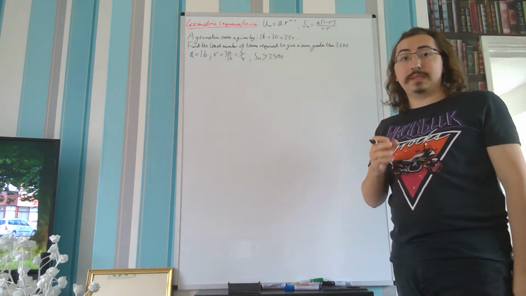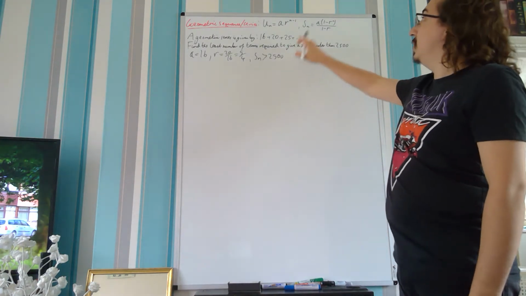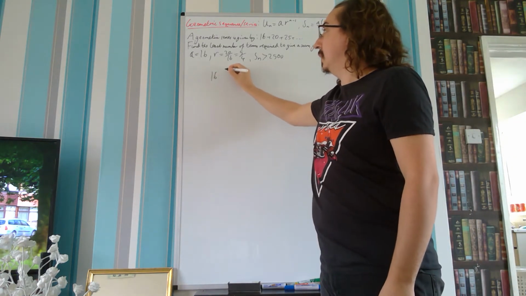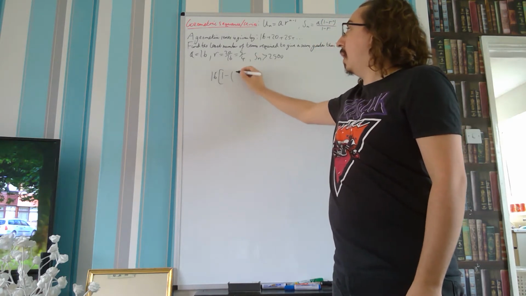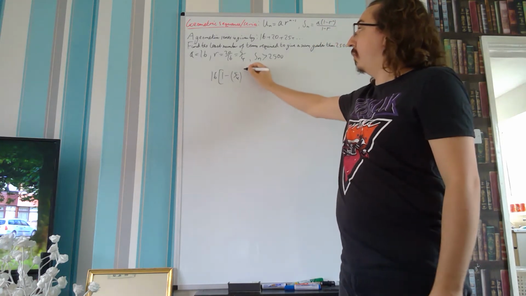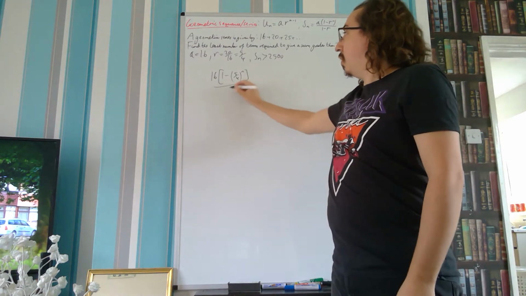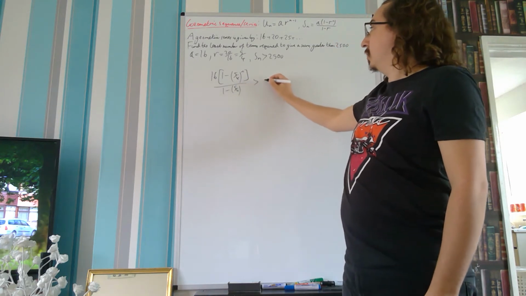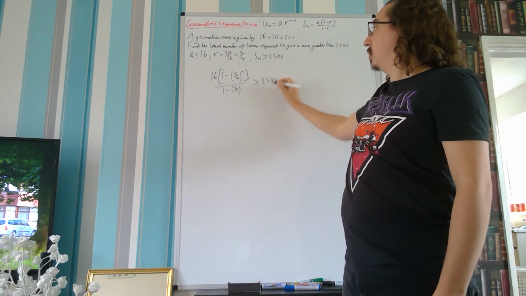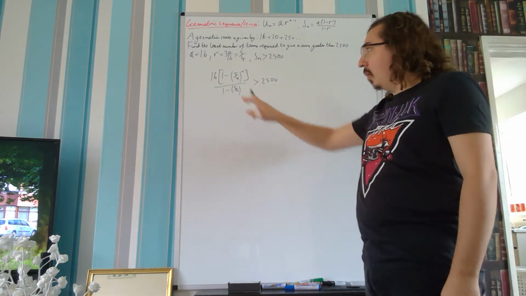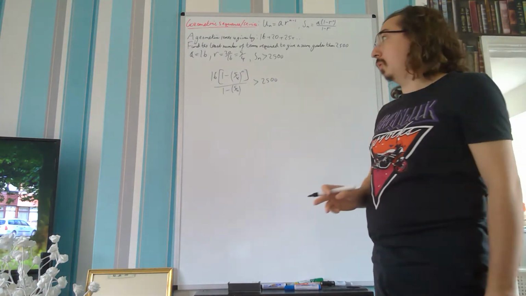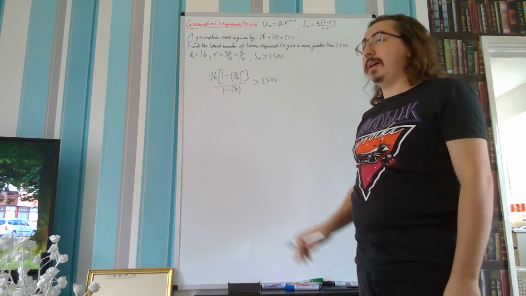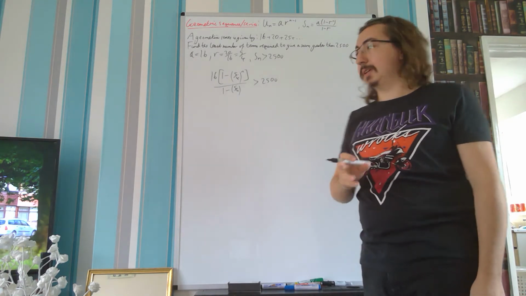Now we're going to use this to get a value for n. So we need to use the summation formula, and we can substitute into that. We have our a, which is 16, times 1 minus our r, which is 5 over 4, to the power of n, all over 1 minus our r, which is 5 over 4, which is greater than 2,500. 1 minus 5 over 4 is minus a quarter, so 16 divided by minus a quarter becomes minus 64.